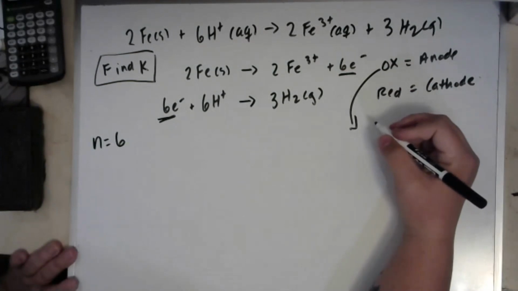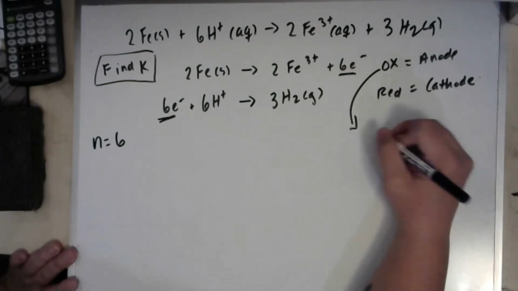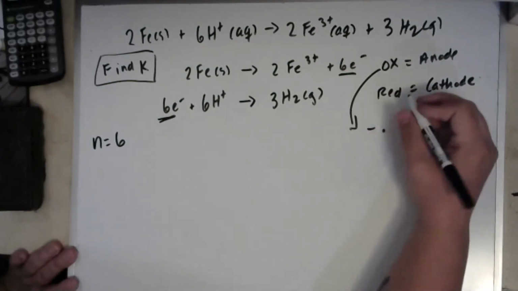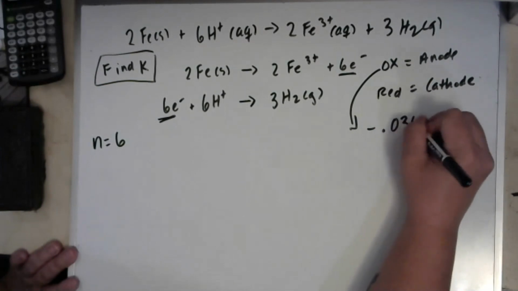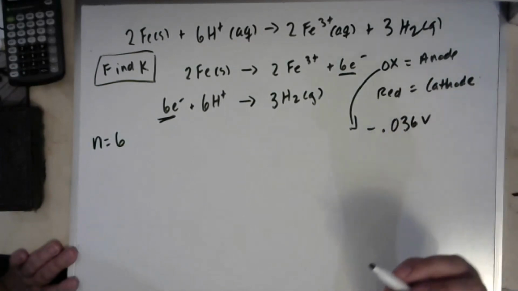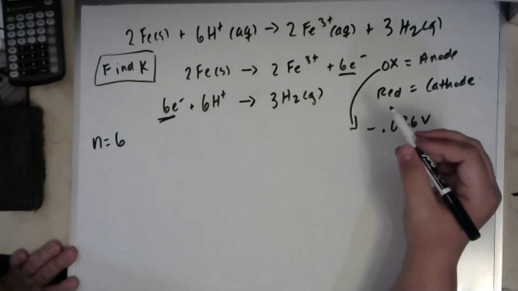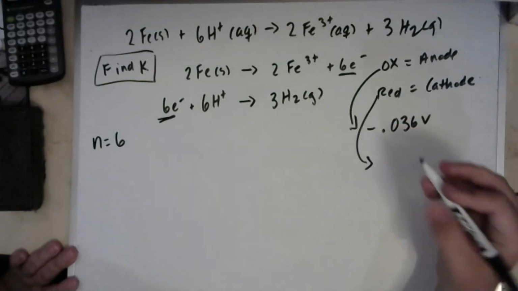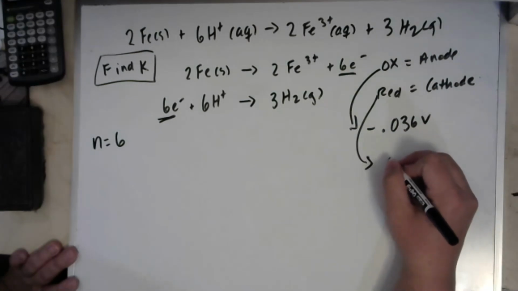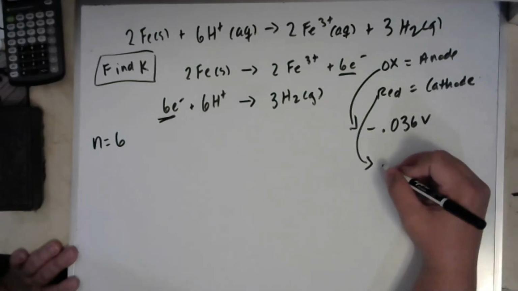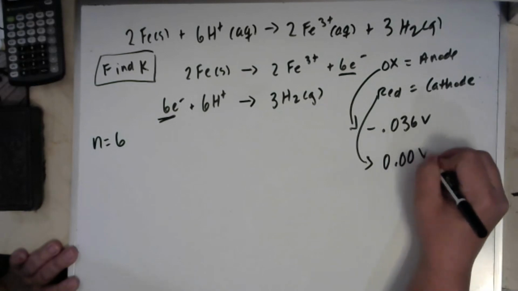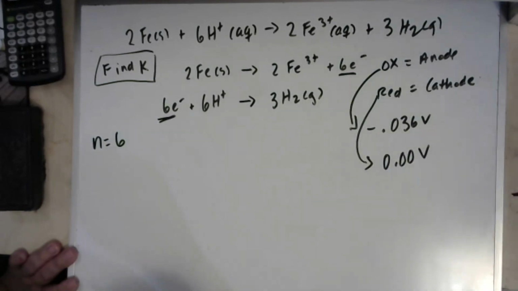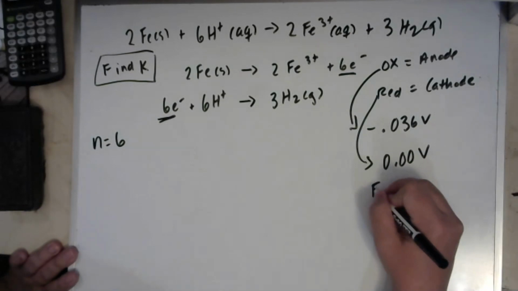For iron, the reduction potential value is going to be negative 0.036 volts. For the hydrogen, it's going to be 0, again, 0.00 volts. Okay, now we can find E cell.